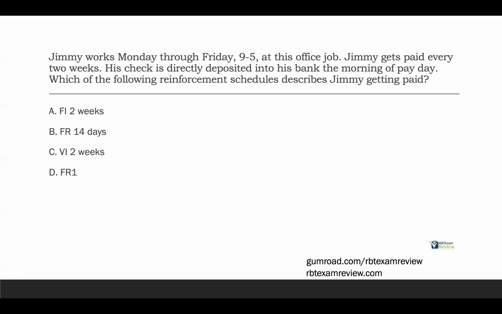Jimmy gets paid consistently every 2 weeks, right? That never changes. It's fixed. And then finally, FR1. No, it doesn't matter when Jimmy checks his bank, okay? Again, Jimmy can check it 1,000 times a day. Only after enough time has passed will Jimmy receive that reinforcement, okay? So A, fixed interval 2 weeks is the best answer.